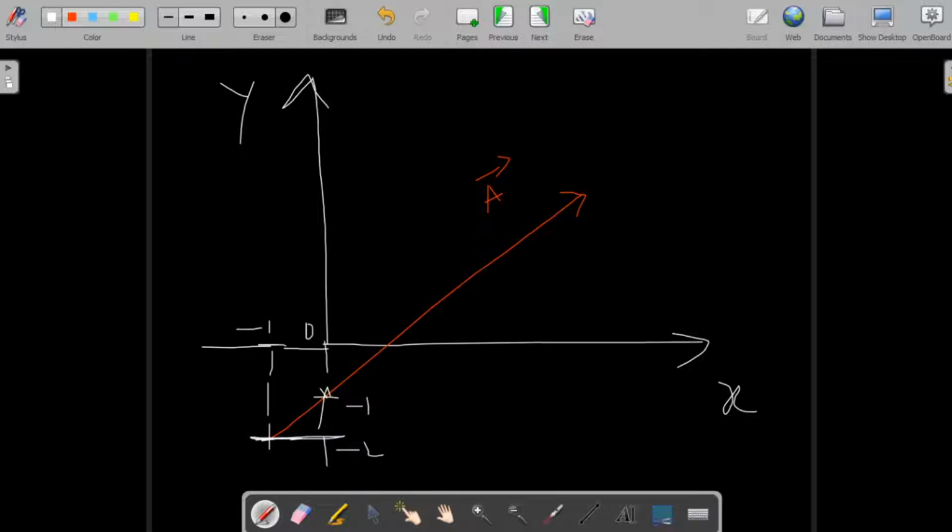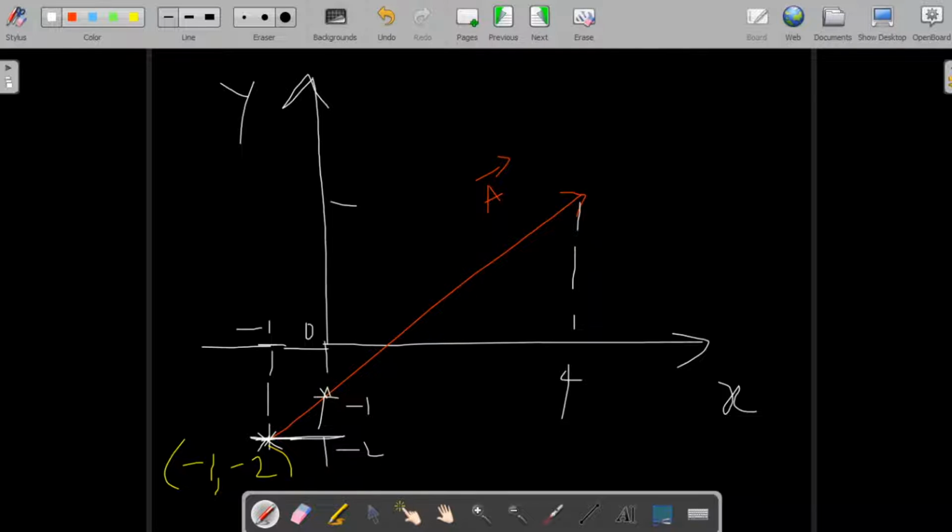So I write the starting point of this vector as (-1, -2).